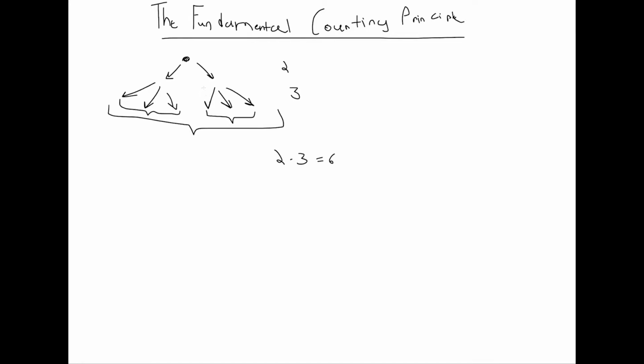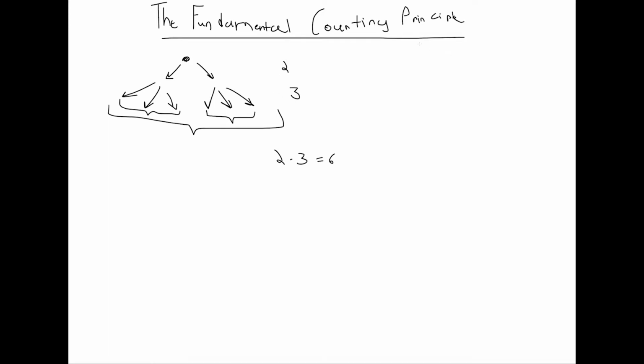In other words, the number of different combinations of paths you can take, right? Okay. So that's basically what the fundamental counting principle says, is that if you multiply the numbers of different ways you can do individual things, you can find out the number of ways you can do all of those things together.